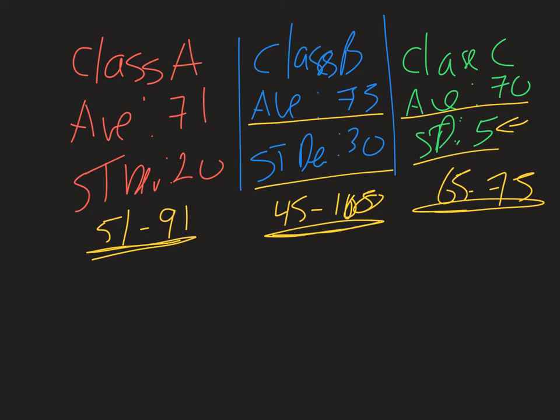That's not saying that all the scores are there, but a good portion of them will be within that standard deviation. So if we think about it as a whole, which class did the best? It all depends on how you argue it in this case, and it's hypothetical. I would think our best class, at least for the most consistent, would be Class C. We know that their group is right in there with the 65 to 75.